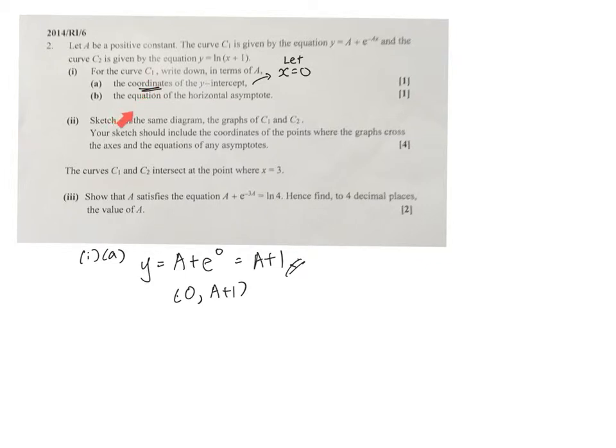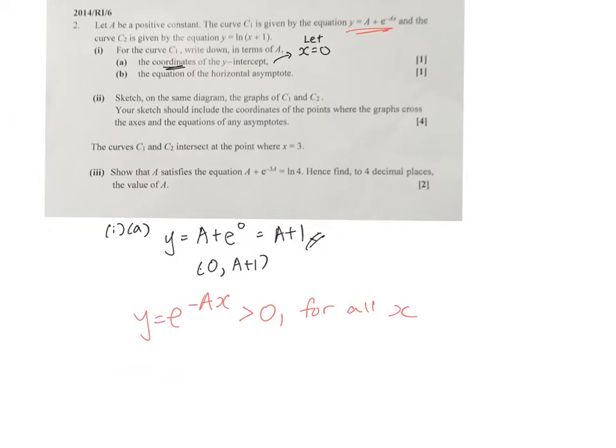Okay, the equation of the horizontal asymptote. Observe that e to the power negative ax is greater than 0 for all x.